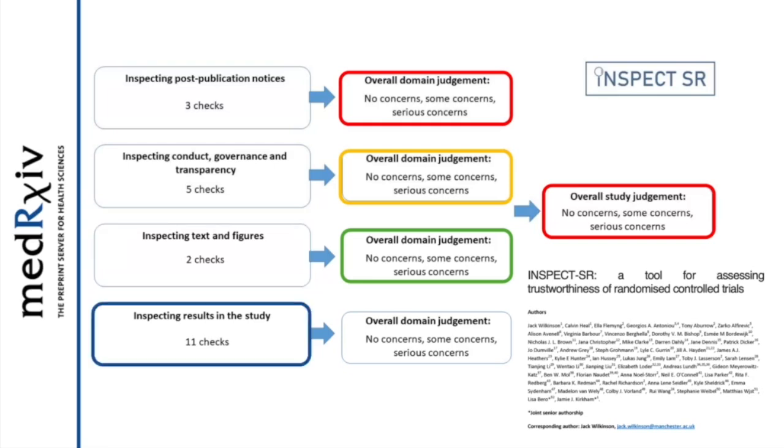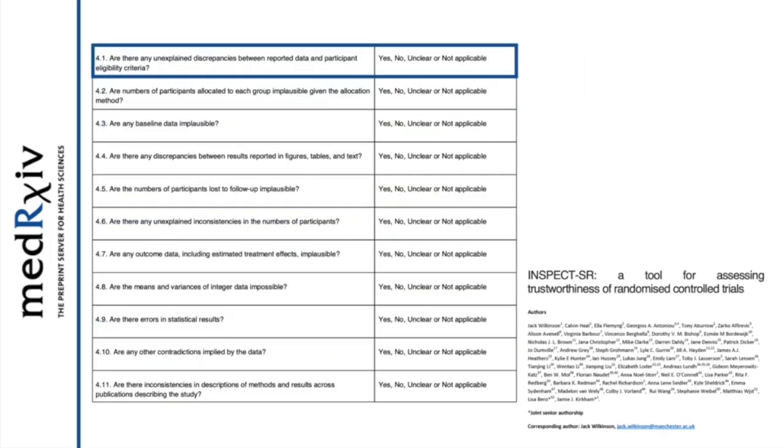So now we are going to inspect the results in the study, and we are going to see if we have some concerns about the full results of the study. So here you can see we have many more checks to apply. Of course, inspecting results in a randomized controlled trial will be super useful to check for several inconsistencies and patterns associated with problematic data.